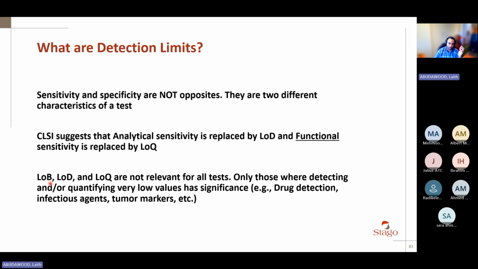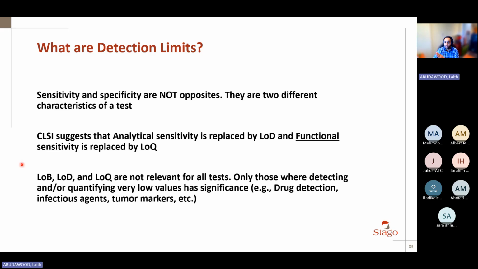It's really insignificant. LOD and LOQ may be relevant in cases such as factor 8 and von Willebrand RCO, because it is clinically relevant to know them for factor 8. For example, values below 1% in factor 8 are different from values of 1%. This is a different classification of the patient and a different clinical treatment.